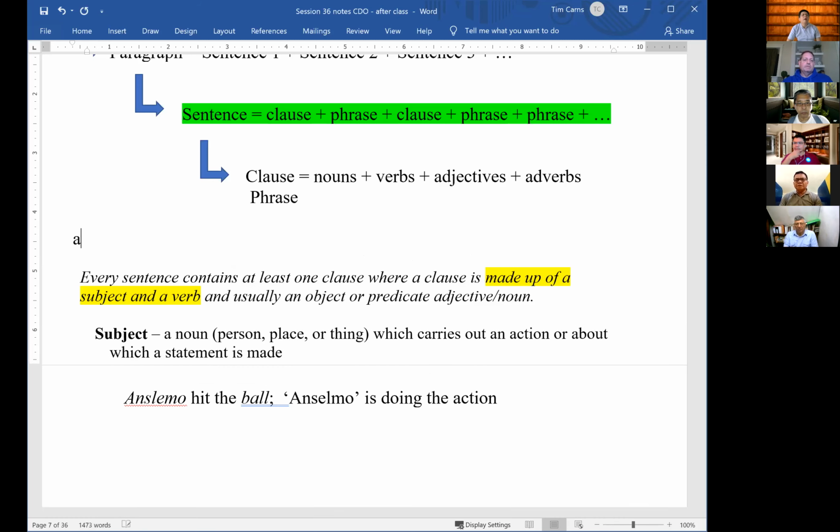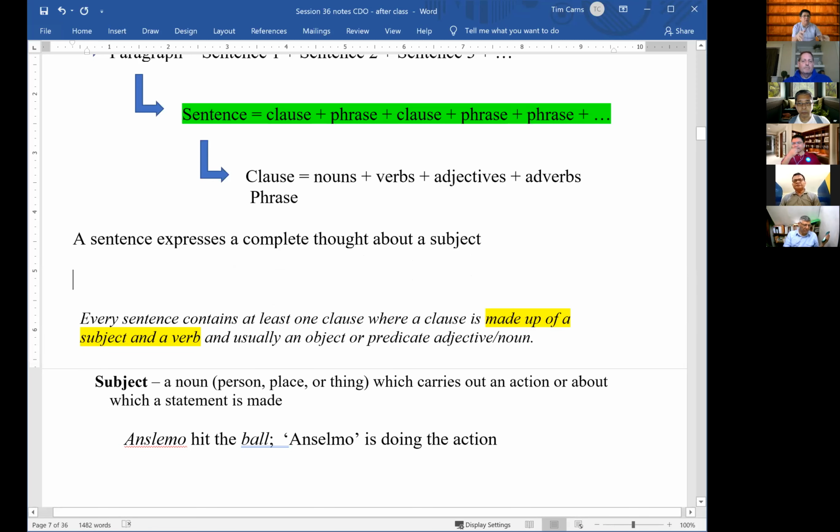A sentence essentially expresses a complete thought about a subject. So a subject and a verb can constitute a sentence already, a clause.